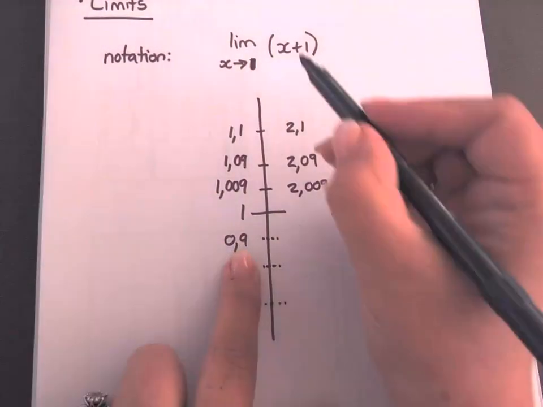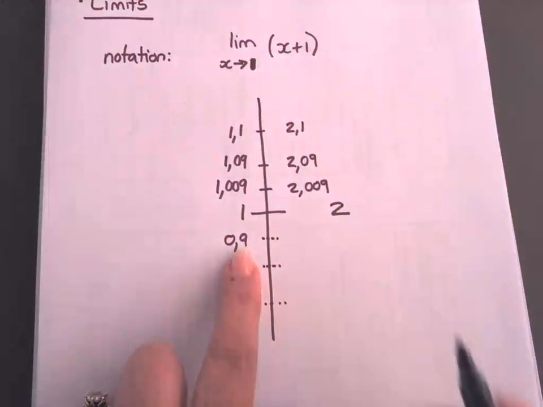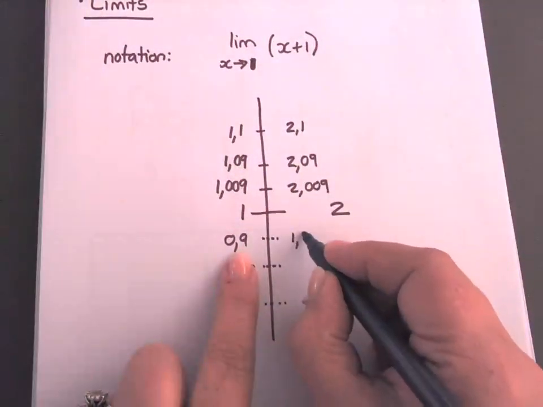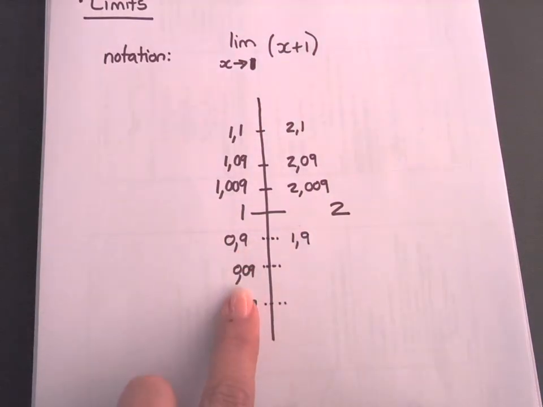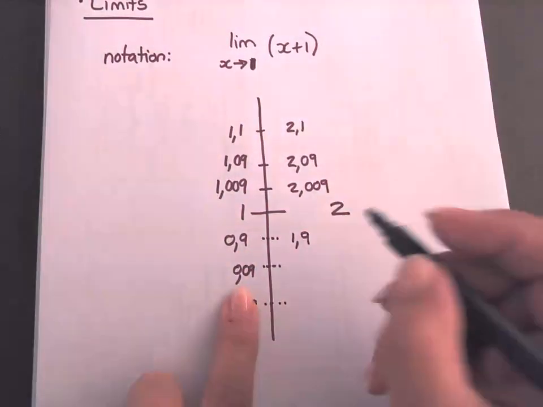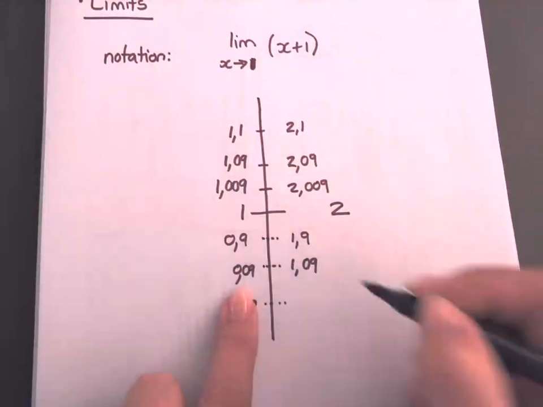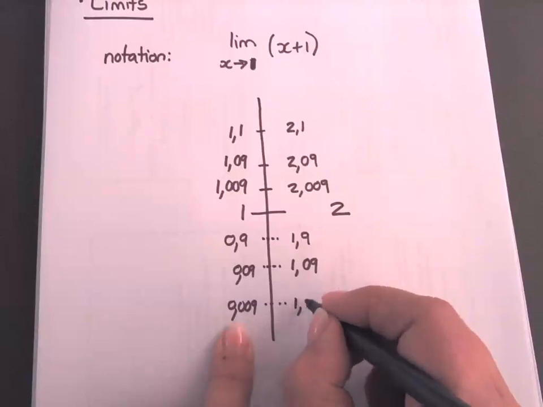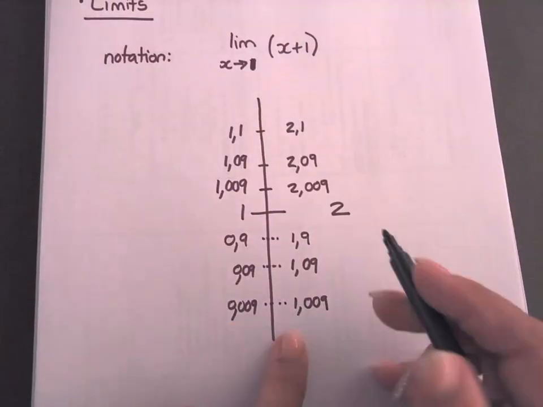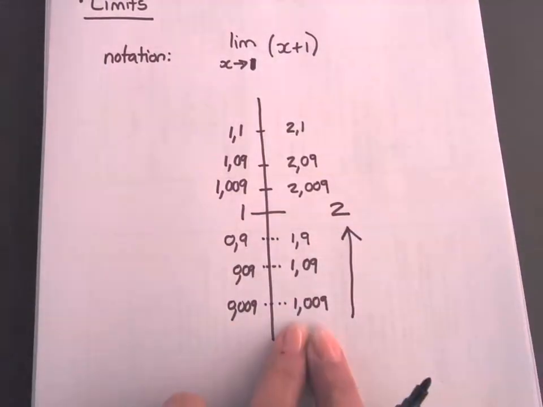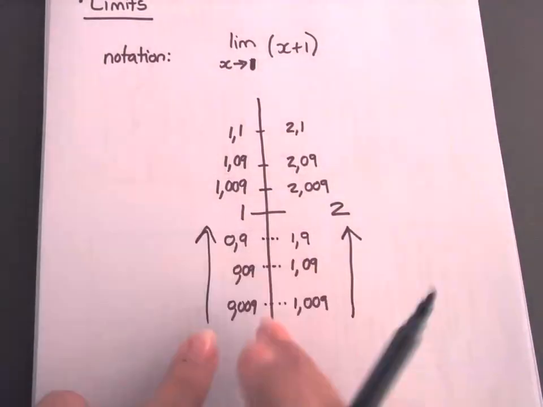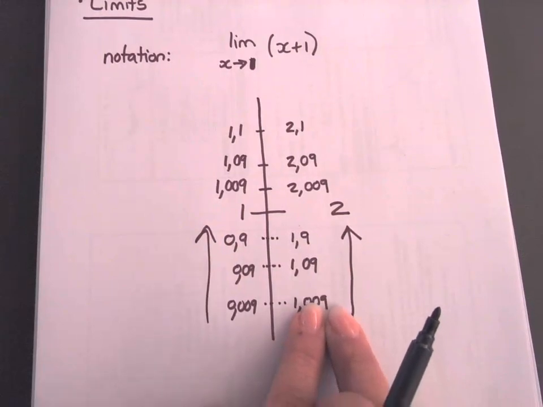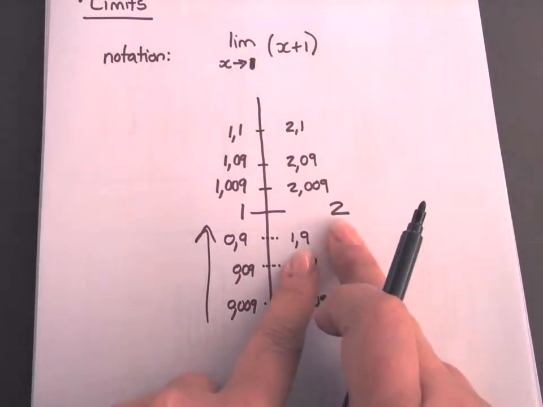If I substitute these values in my sum, I will get 0,9 plus 1, which is 1,9. 0,99 plus 1 is 1,99. 0,999 plus 1 is 1,999. So, if I go near 1 on this side, can you see that the values also tend to go towards 2?